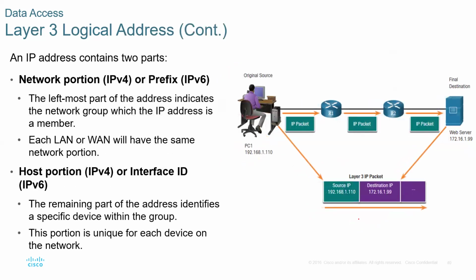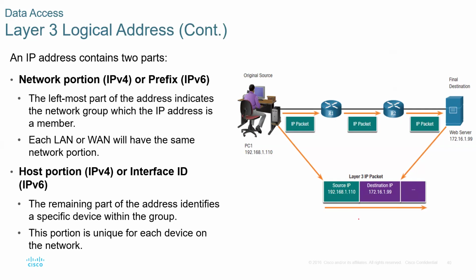Layer 3 logical addresses, right? Network portion, host portion. An address has two parts. I'm not going to focus much on IP addressing for now, but we have to know it has two parts. One, the network portion, which represents the leftmost part of the address, indicates the network group of which the IP address is a member. Each LAN and WAN has the same network portion.